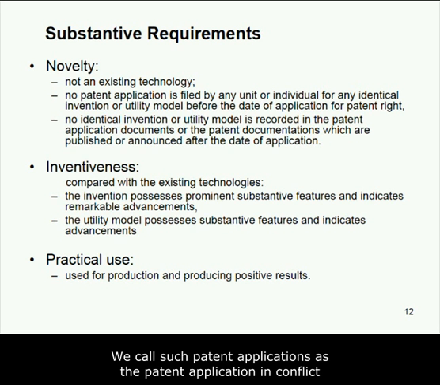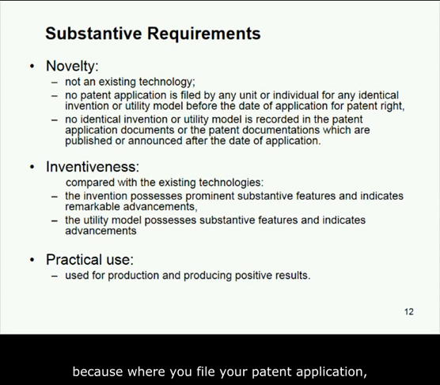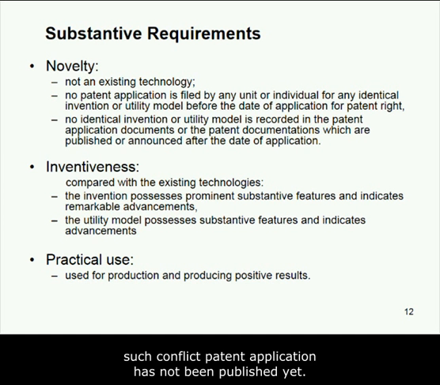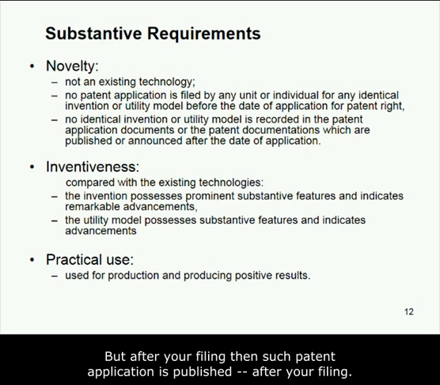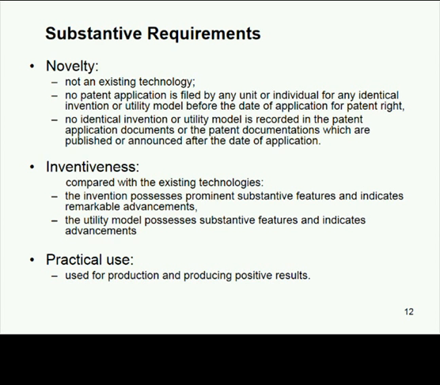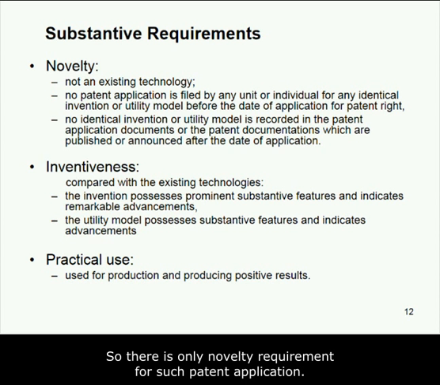We call such a patent application a patent application in conflict, because when you file your patent application, such conflicting patent application has not been published yet. But after your filing, such patent application is published. So there is only a novelty requirement for such patent application.